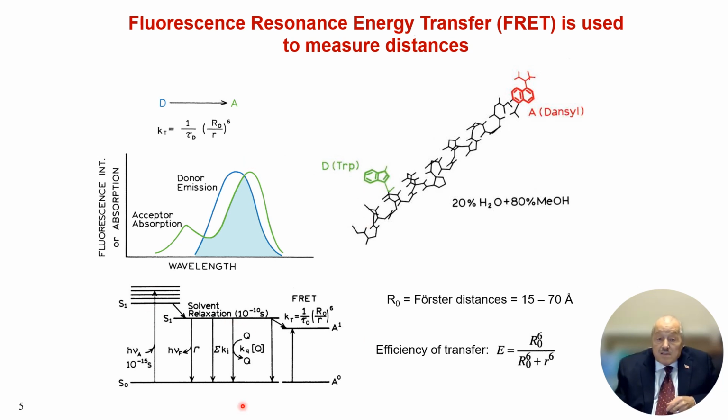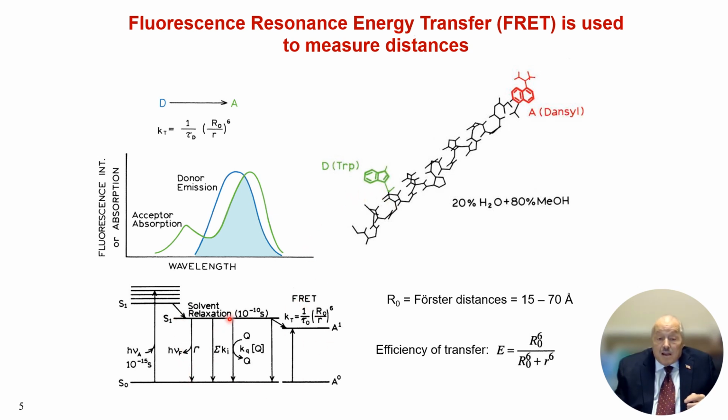So let's look at some typical applications of FRET. One that has always been stressed until about 10-15 years ago was the use of FRET to measure distances, because it has this distance dependence. So what happens with FRET?